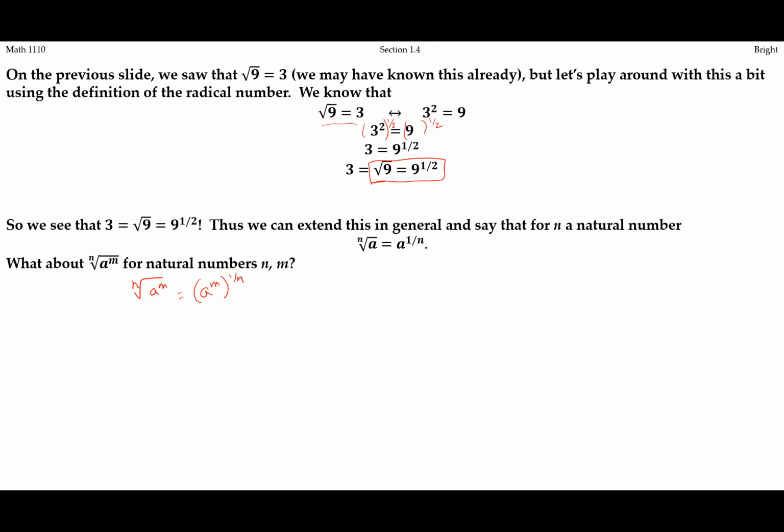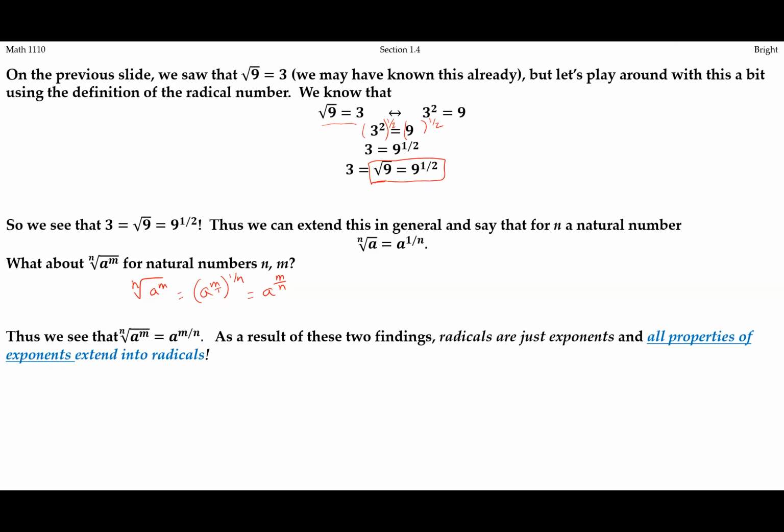And then by laws of exponents, I can multiply those, and I would get m over n, because this is really m over 1. So, oh wow, we get another property. And this is the one that I remember in general: the nth root of a to the m is a to the m over n.